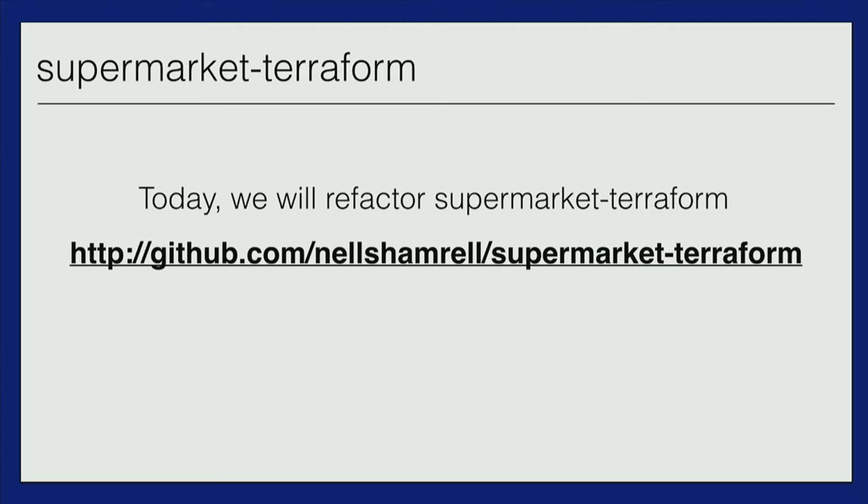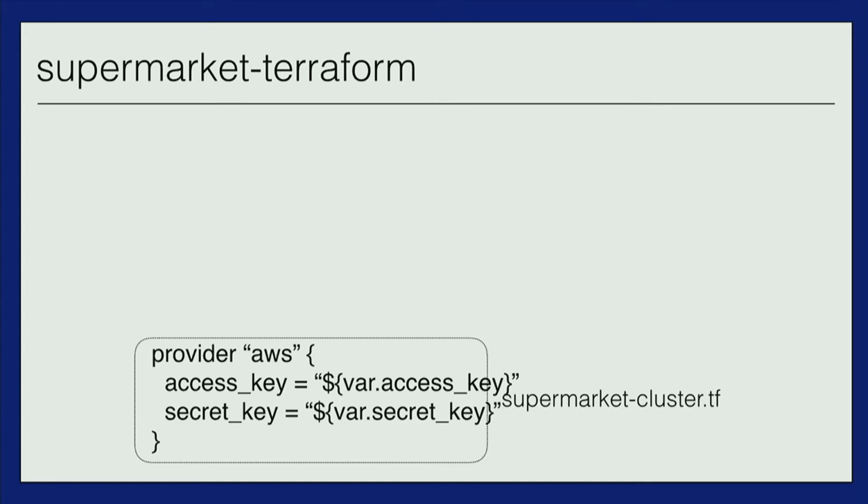Now, when I refactor code, whether it's application code or infrastructure code, I like to start out by mapping out the major components of the code in a visual way. So first of all, our main Terraform config file lives in this file called supermarketcluster.tf. And this file needs to use certain variables when spinning up infrastructure.